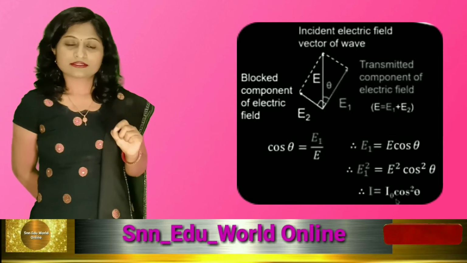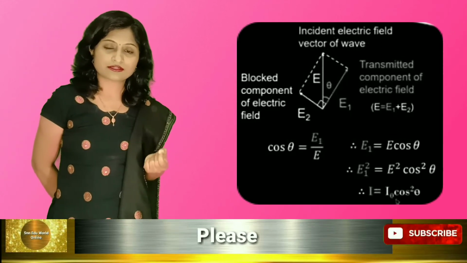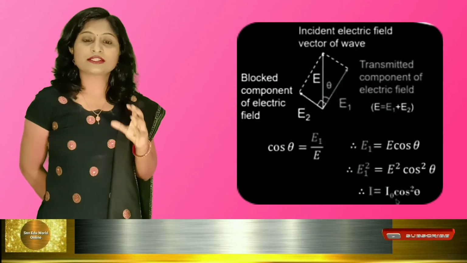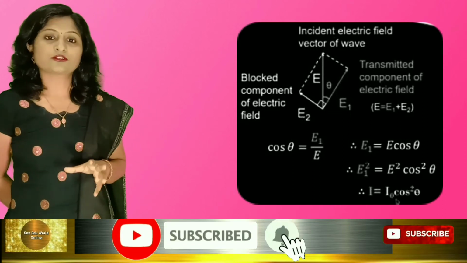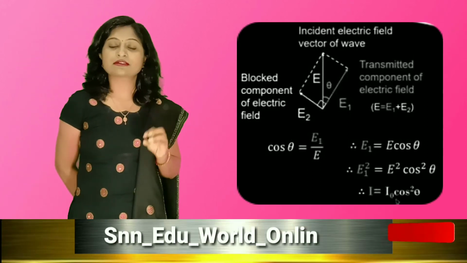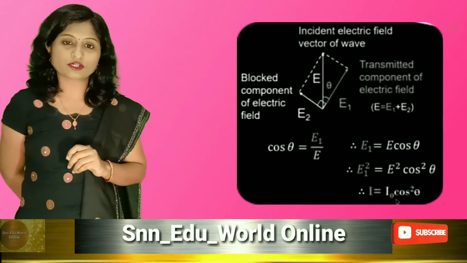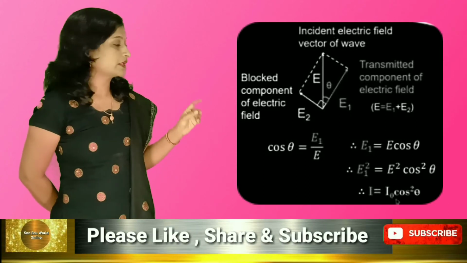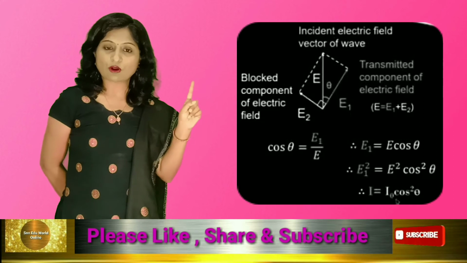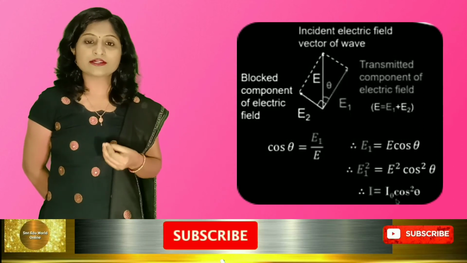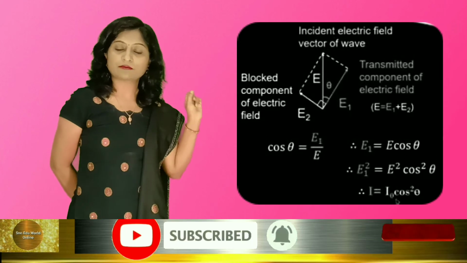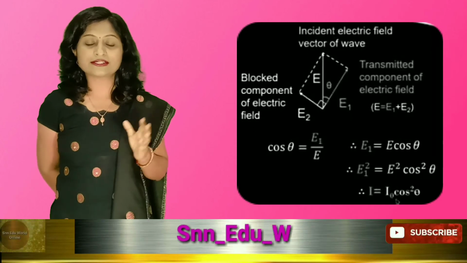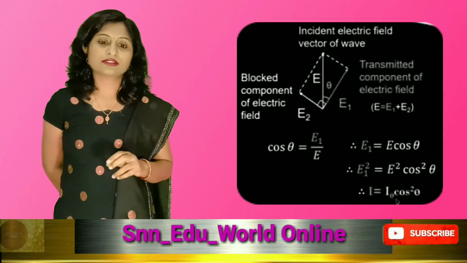This E quantity represents the amplitude of the electromagnetic wave, and we know that intensity is directly proportional to the square of the amplitude. So E1 square is the intensity from the analyzer that we are going to find, so it is I. And E square is the original intensity of the incident ray from the polarizer, so it is I naught.